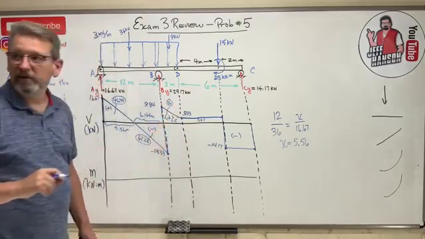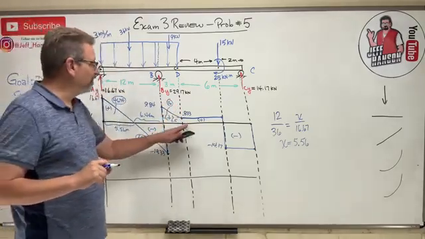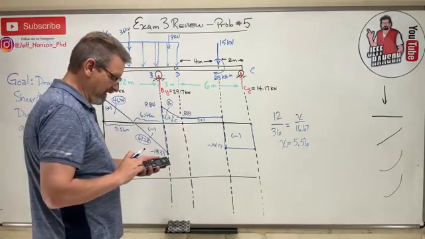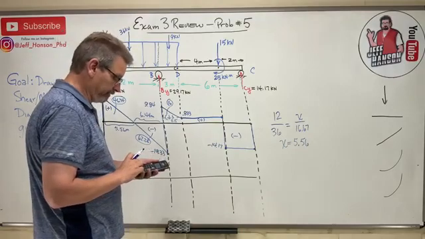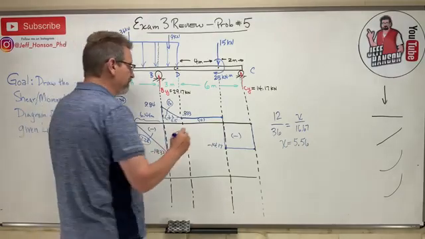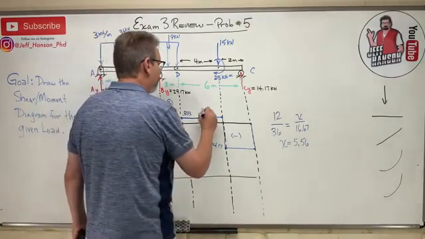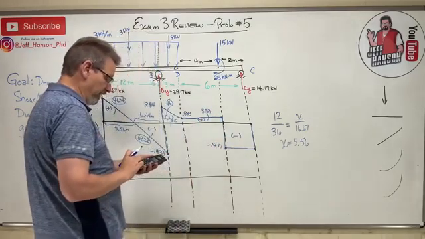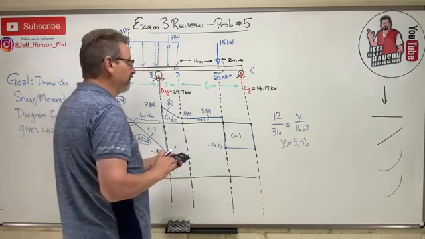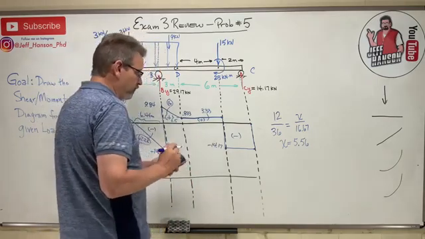Okay? Very nice. Now we're on to the next little shape over here. 0.833 times, how big is that? 4. 3.33. And finally, the last little shape over there is 14.17 times 2, 28.34.